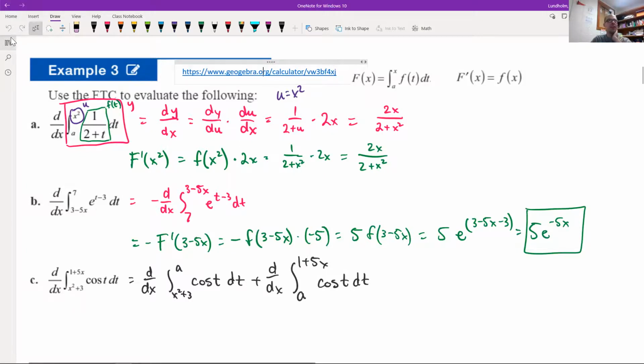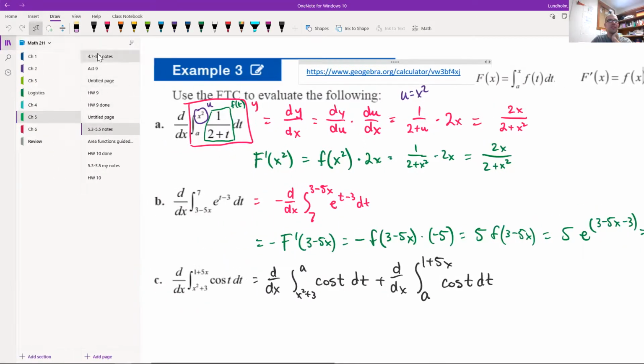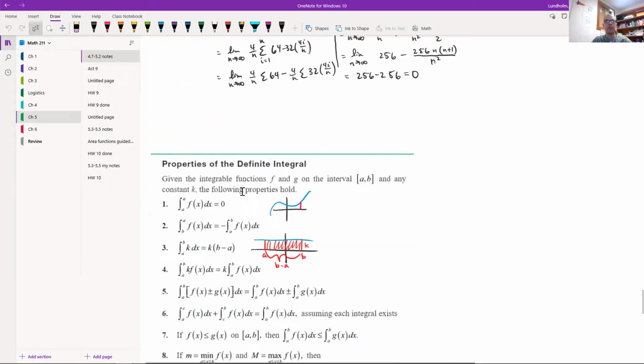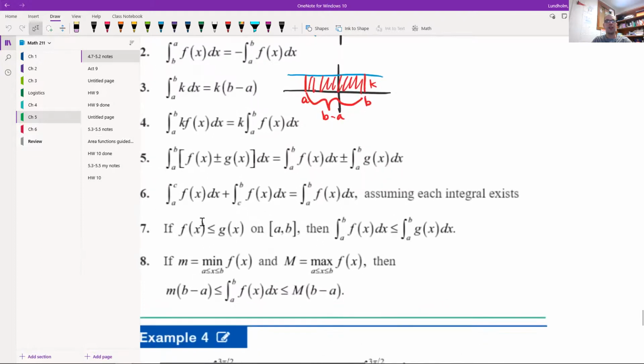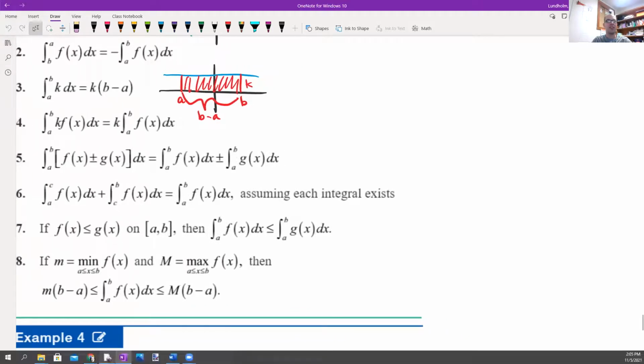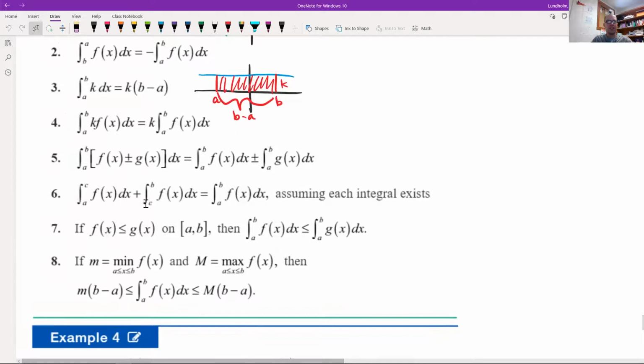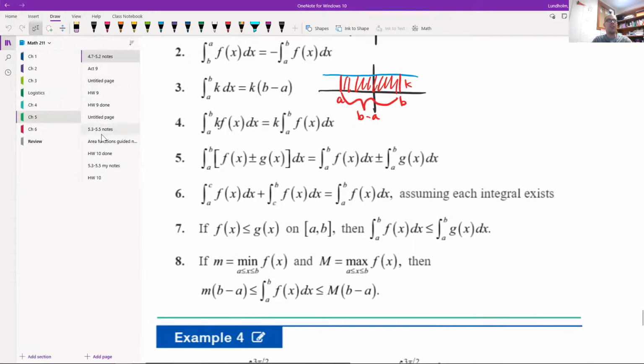So we're using this stitching property, property number 6 of the definite integral. We're breaking up the original integral we were given into 2 separate ones so that we can have 2 area functions.